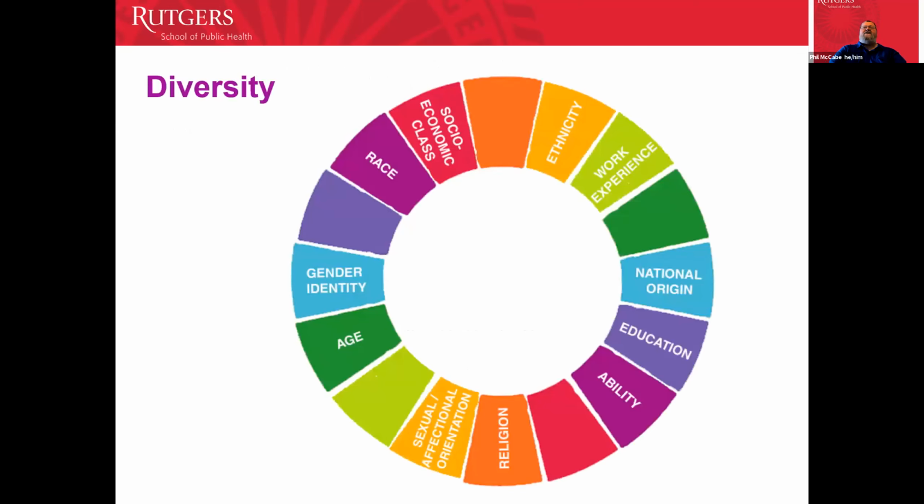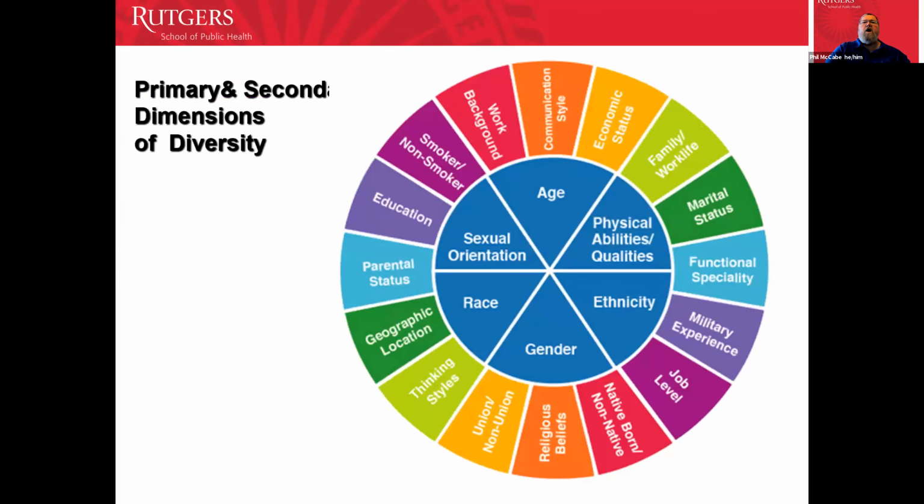If we were to look at it in a different model, here you see the range of diversities and what may influence someone in their behavior or their health-seeking practices. Now, these are also considered secondary characteristics, and some are also primary characteristics.